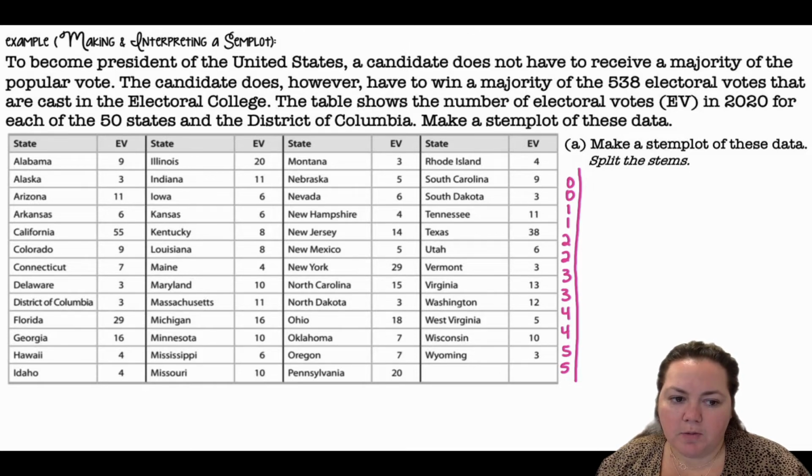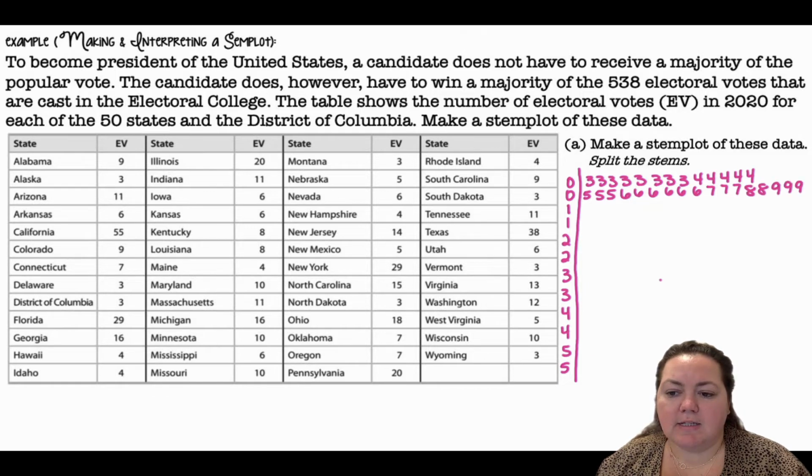Alright, so we're going to go through and look and see. So in the 0 to 4, the smallest, we have 3. We have several 3s. We have quite a few 4s. And then we're moving into the 5s. So 5, we have 3 5s, 6 6s, 3 7s, 2 8s, and 3 9s.